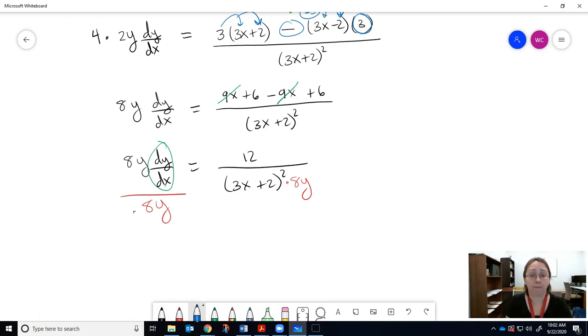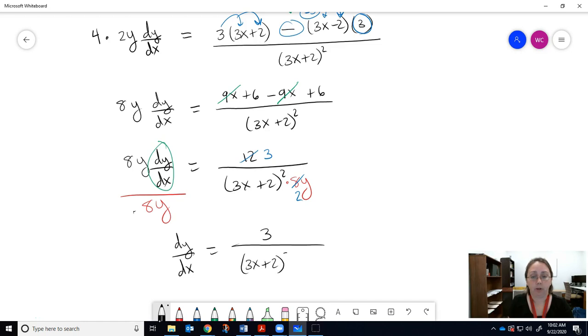Those can both reduce by 4, so we're left with a 3 and a 2. So dy/dx all by itself on the left equals 3 over (3x plus 2) squared and 2y. Well, I like the 2 and y in front, but it really technically does not matter. And there you have it. That's your answer.